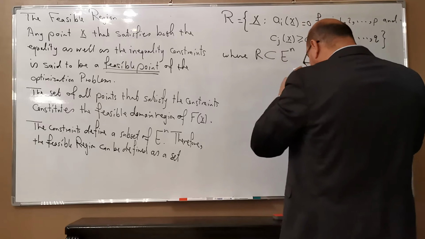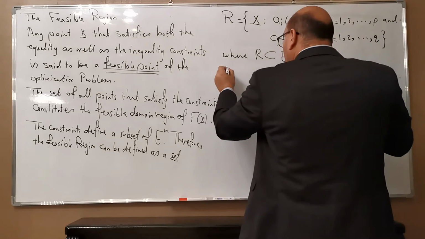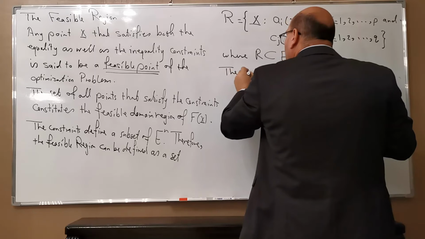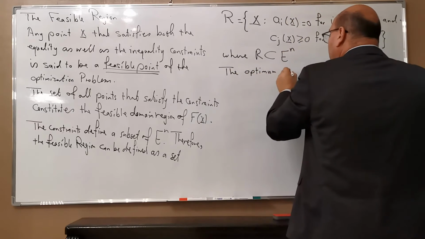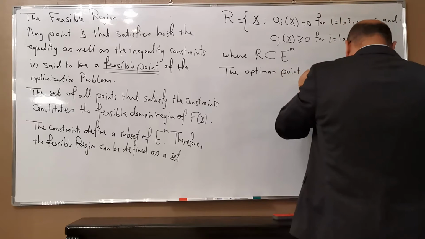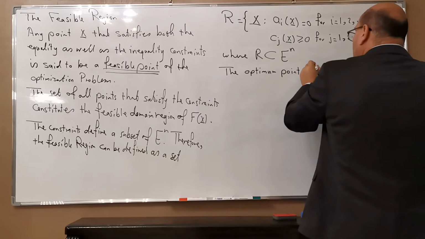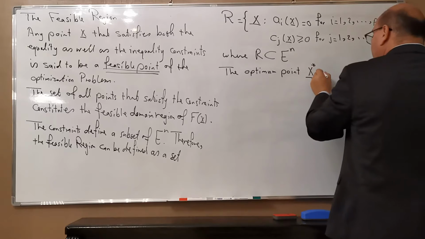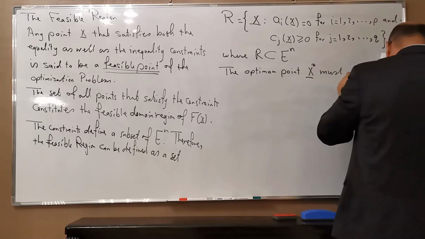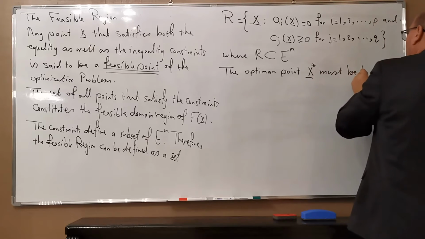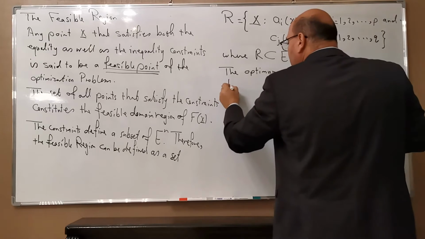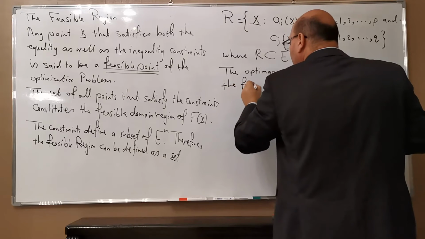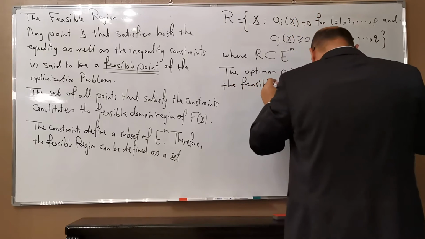Okay, another definition here is that the optimum point, we could call it x star, must be located in a feasible region.